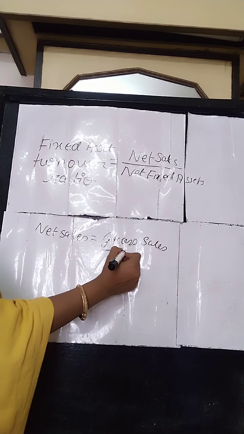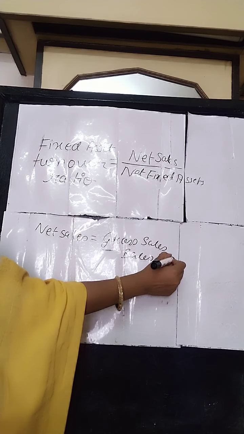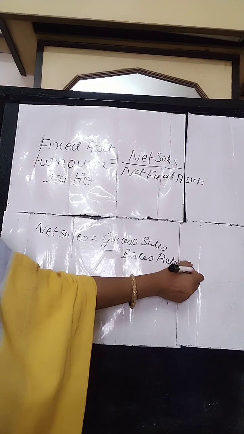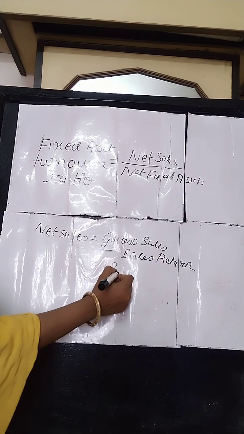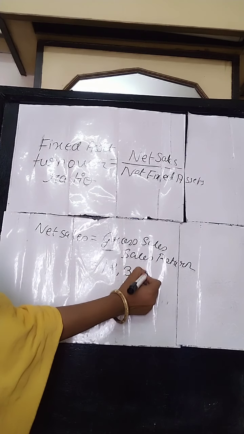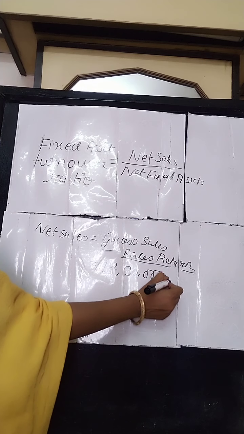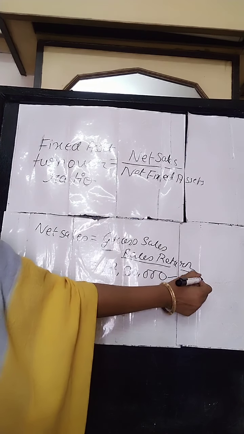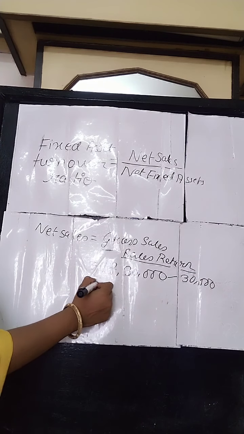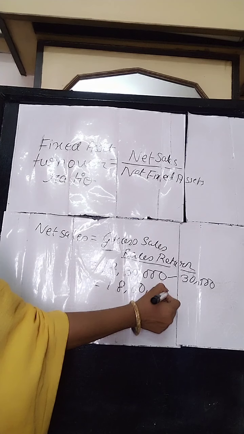Now suppose gross sale is given to you as 18,30,000 and sales return is given to you as 30,000. Then 18,30,000 minus 30,000, you will get 18 lakh as net sale.